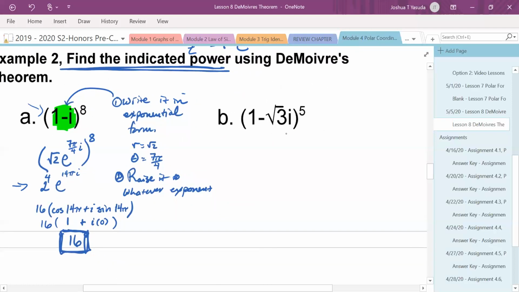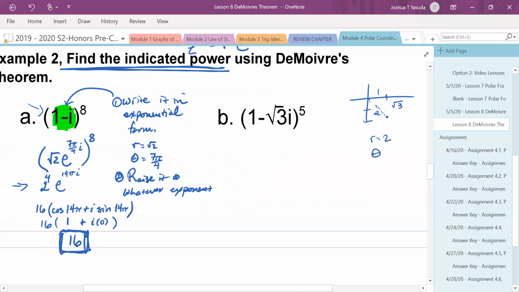Okay, let's try another one. You've got 1 minus rad 3 I. If you need to draw it out, here's 1, here's rad 3, right there. If I square those, 1 plus 3 is 4, so the radius is 2.